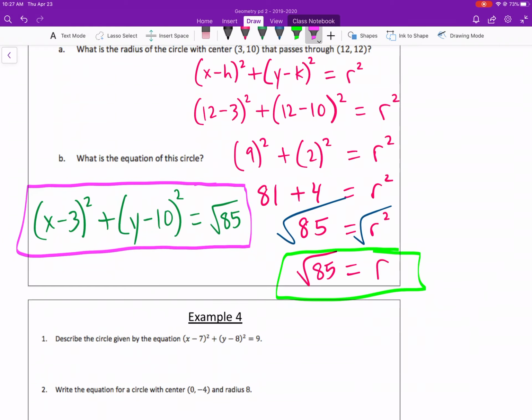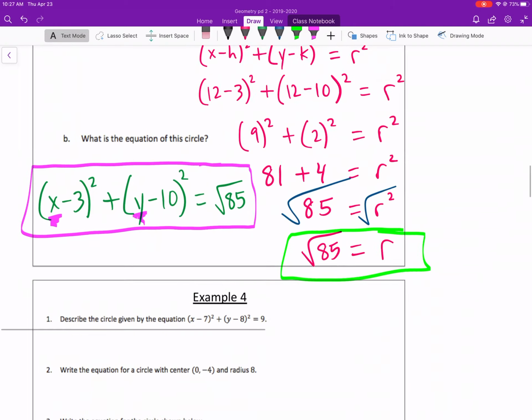And once again, what this problem required, we had to substitute an x value and a y value that they gave us. But remember, that x, y didn't have to be (12, 12), the point that they gave us. It could be any point that's on that circle. There's an infinite amount of points that could satisfy this equation. Any point that's around the circle.